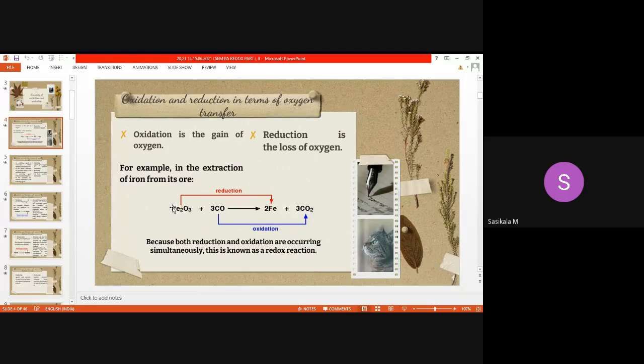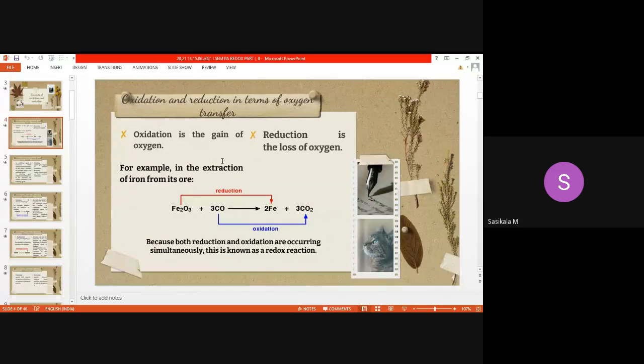In the reactants, two molecules react, and one loses oxygen and the other gains oxygen. So reduction and oxidation take place, and in the products one is reduced and one is oxidized. This process is called oxidation and reduction, and the combined reactions are called redox reactions. This is the concept in terms of oxygen transfer.